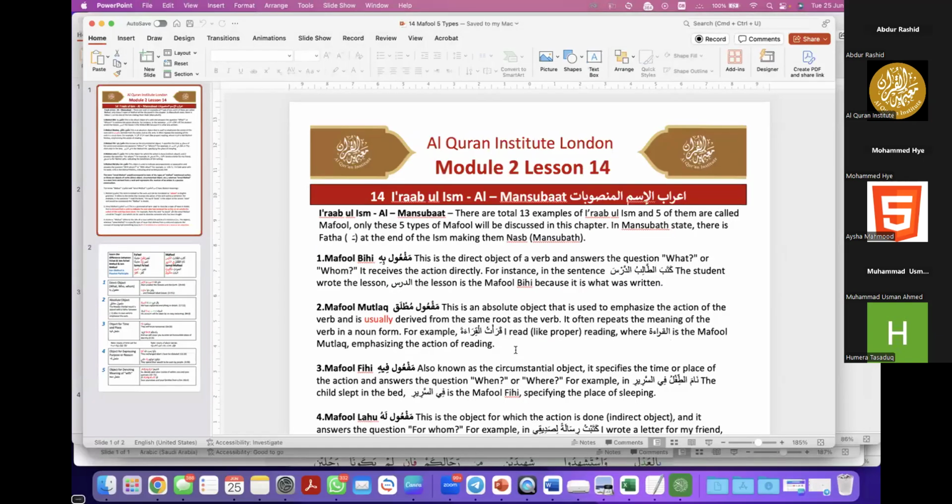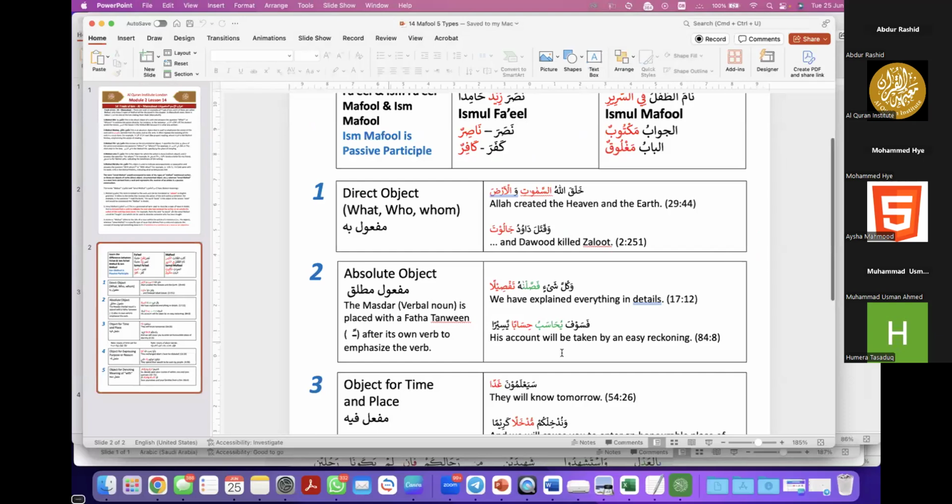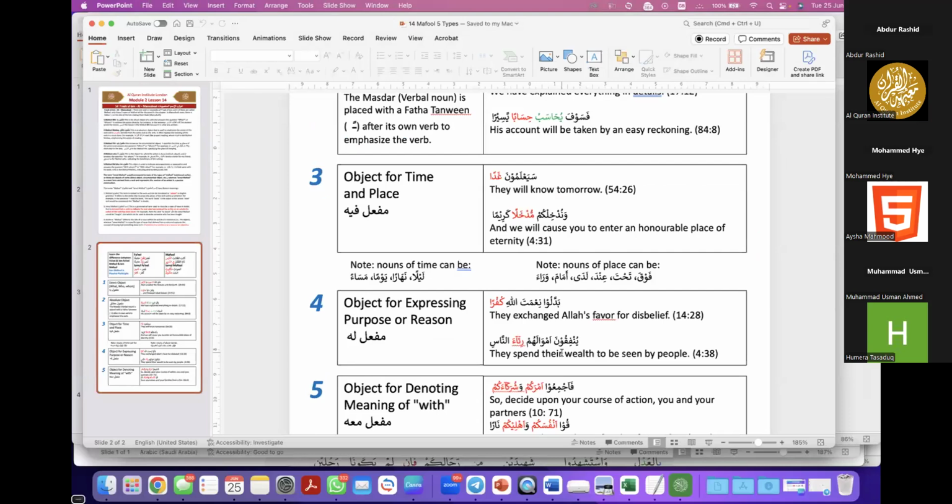أعوذ بالله من الشيطان، ينفقون أموالهم رياء الناس. They spend their wealth riya'a, to show people. Reason, that's a common use. بدلوا نعمة الله كفرا.